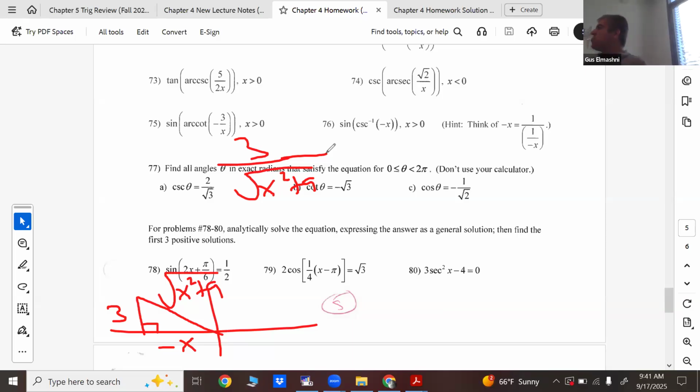Am I doing the x in the wrong place? Isn't it adjacent over opposite? So wouldn't the adjacent be 3 and the x be the opposite? Oh crap, you're right. Darn it. Yes, thanks. You are correct. My apologies. So the answer was x over.